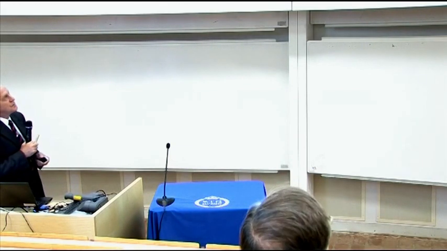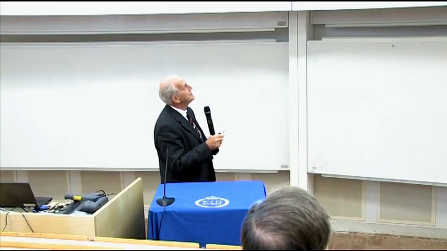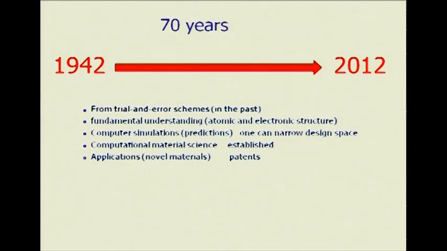So let me try to summarize what has been done in the 70 years. And we heard that also from the perspective from industry. You go from trial and error schemes in the past through fundamental understanding of the atomic electronic structure, and you can do computer simulations, predictions, and you can often not design the most promising material, but you certainly can narrow the design space.